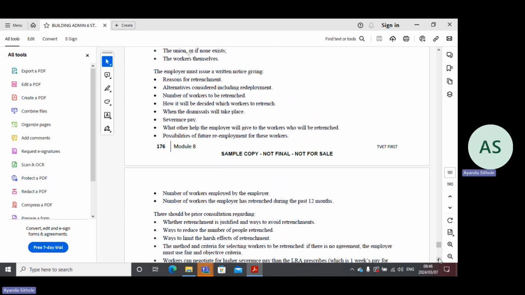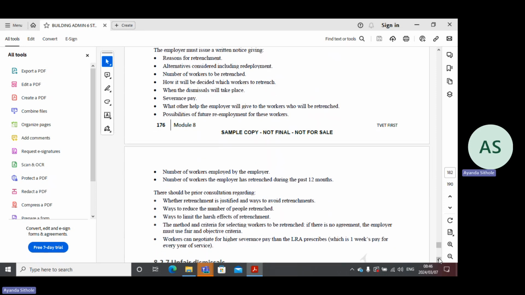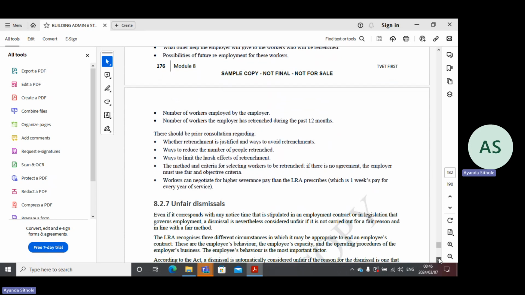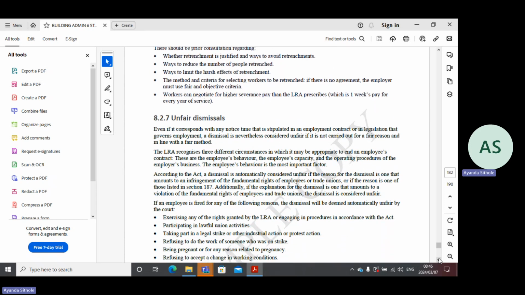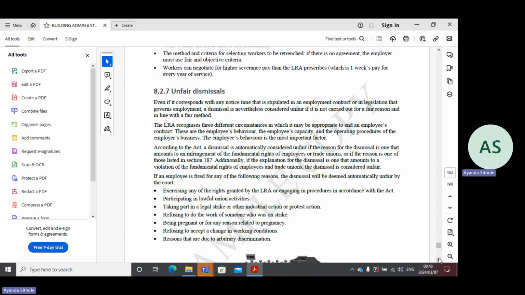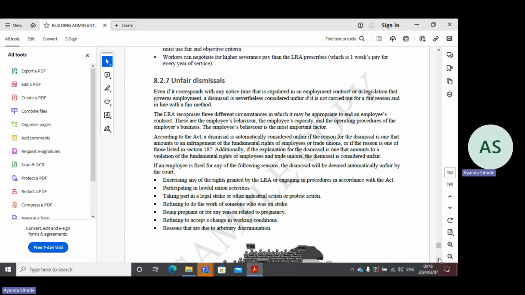Okay, so those are the reasons and notice of retrenchment to the employer. Then we look at unfair dismissal.